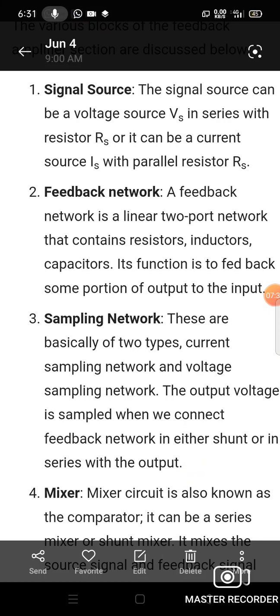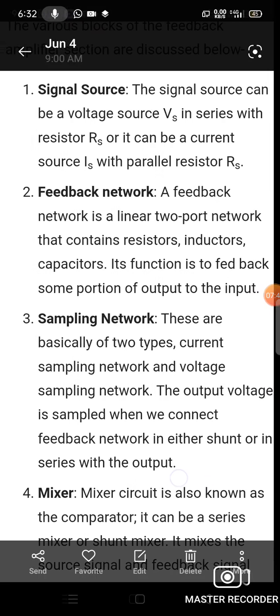Next, the sampling network. These are basically two types: current sampling network and voltage sampling network.